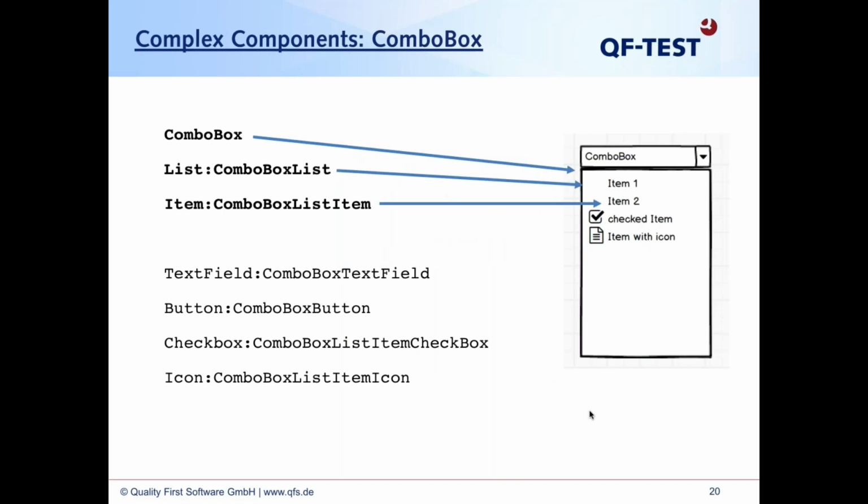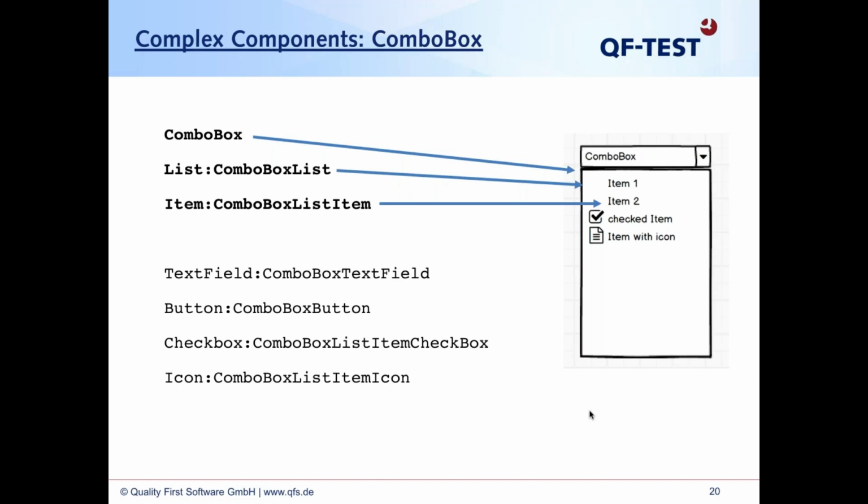A combo box, in fact, is like an extended list, which is hidden by default and which can be shown with a drop-down. So for the combo box, again, you have to assign the container, to tell QF-Test this is a combo box and everything inside might be interesting. Then you define the combo box list for the combo box and the combo box list items inside the combo box list.